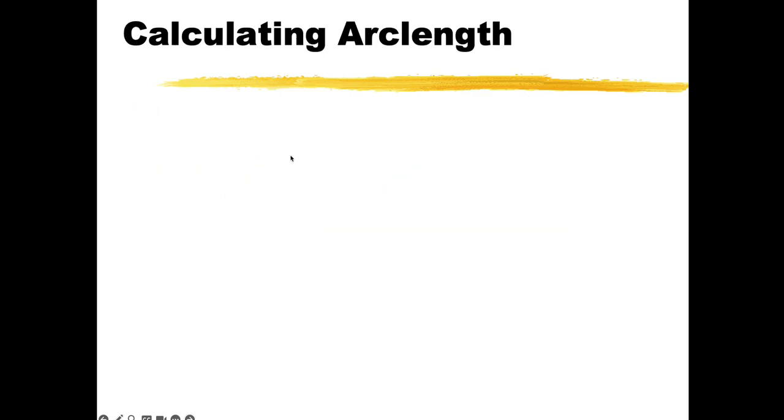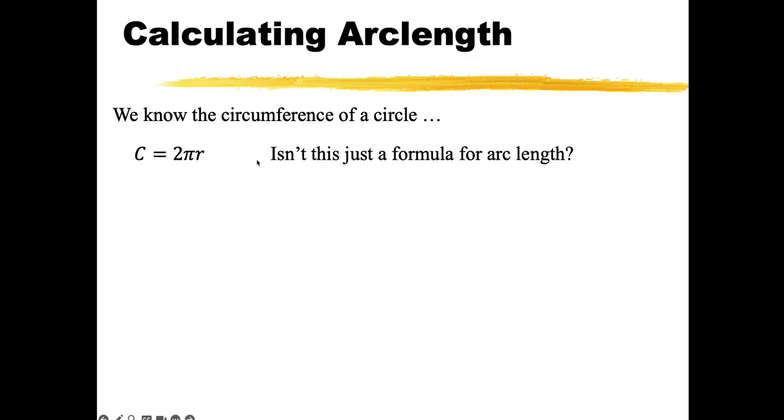Anyways, if I need to calculate an arc length, we know the circumference of a circle. We established that a couple of slides ago. The circumference is 2 pi r, so isn't this just the formula for arc length, where the circumference is an arc length that's all the way around? That matches an angle of 360 degrees at the full radius.